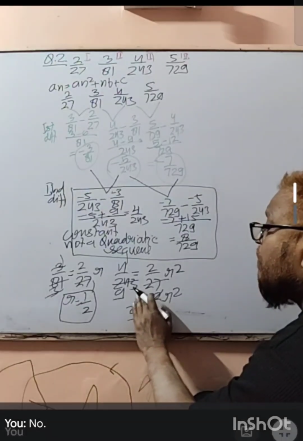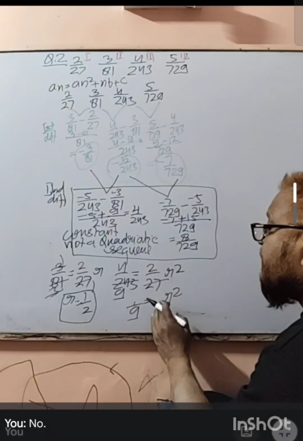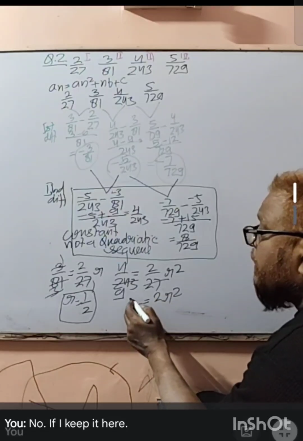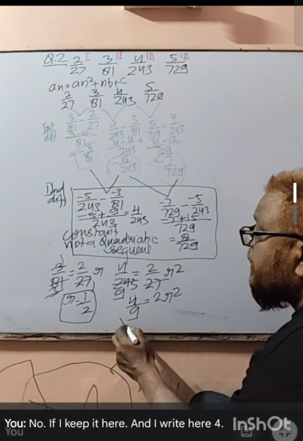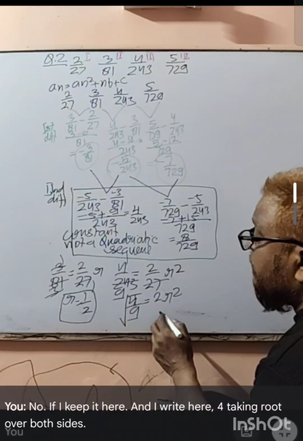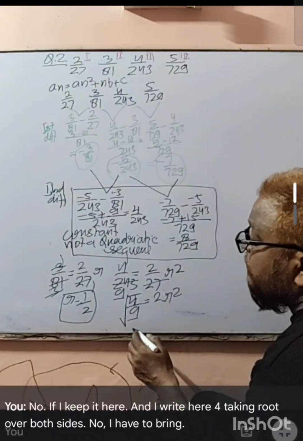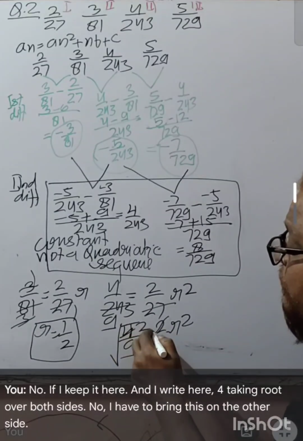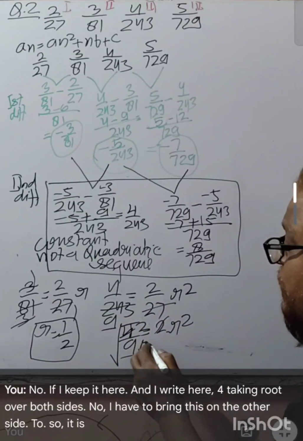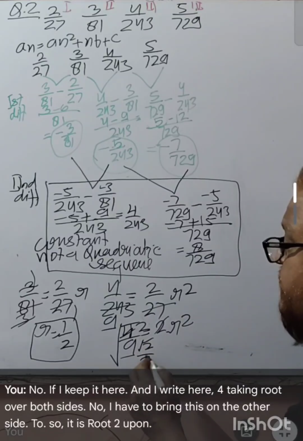No, if I keep it here and I write here 4, taking root over both sides. No, I have to bring this on the other side. So it is root 2 upon 3 is equal to r.